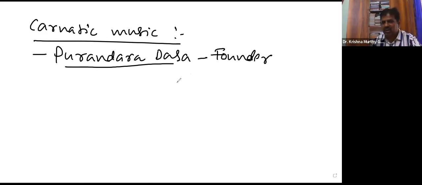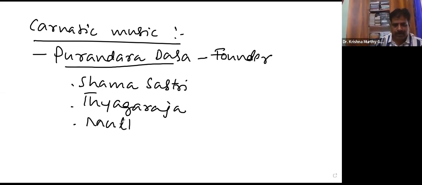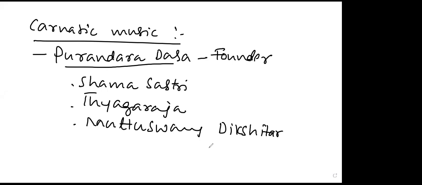After Purandara Dasa there are various followers, mainly Shama Shastri, Tyagaraja, next Muthuswami Dikshitar.